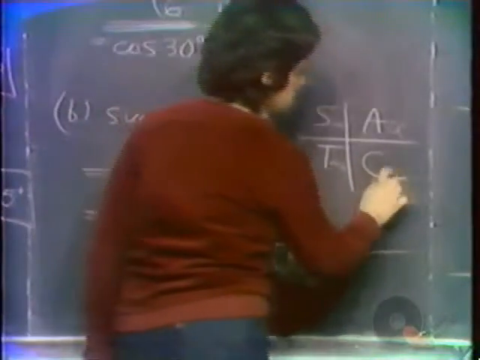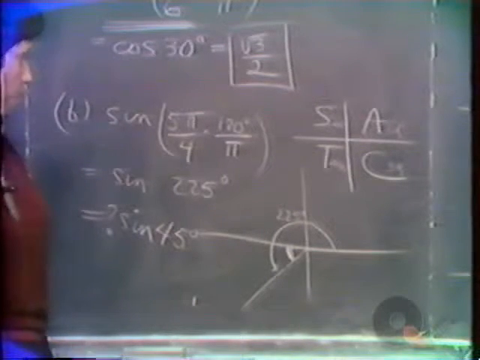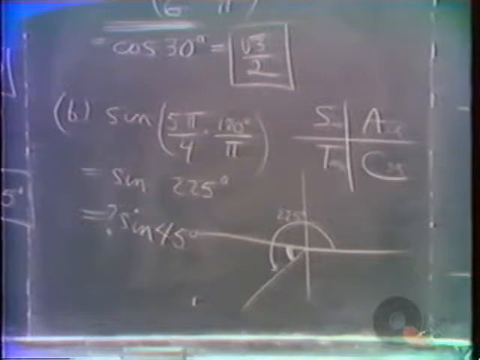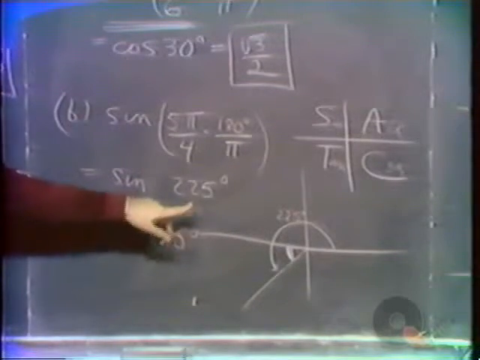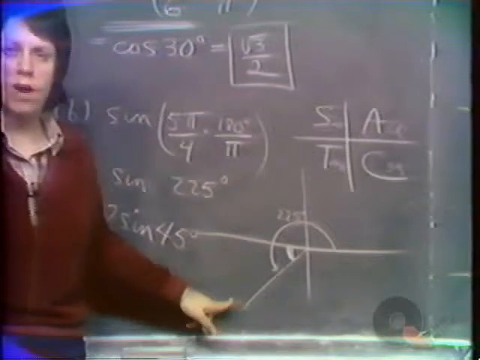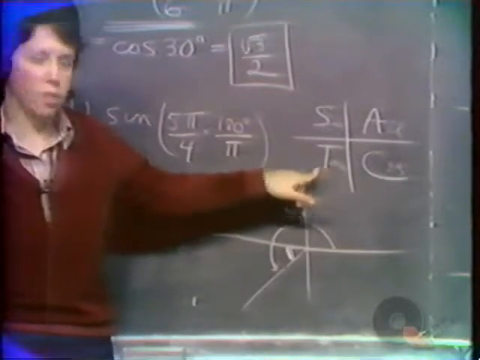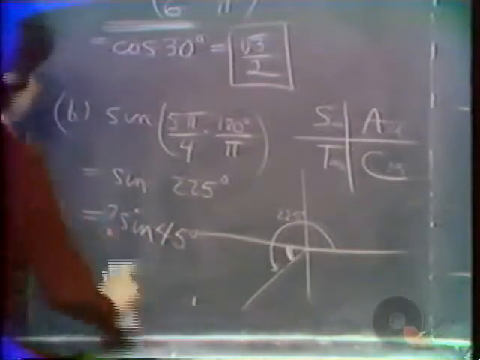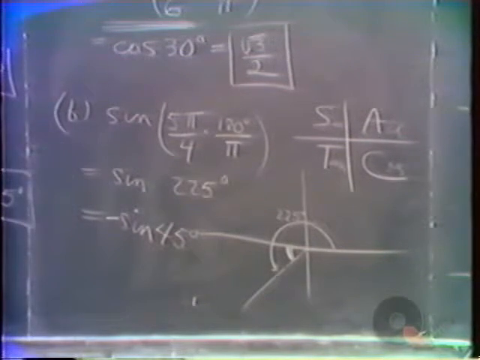And the C tells us that cosine and its reciprocal, secant, are positive in the fourth quadrant. Okay, so we say the sine of 225 degrees was in the third quadrant. In the third quadrant, only tangent and cotangent are positive. Therefore, sine must be negative. So this is going to be negative the sine of 45 degrees.